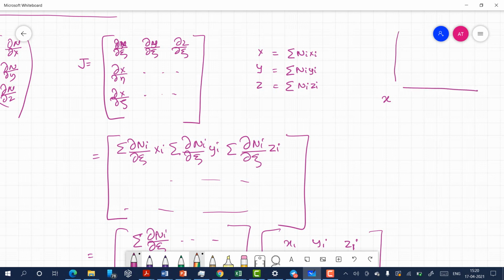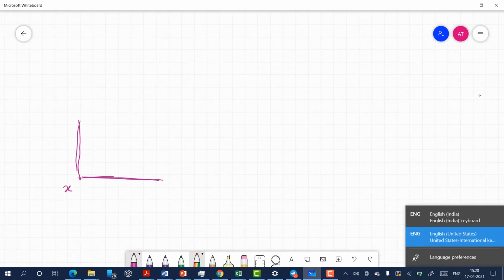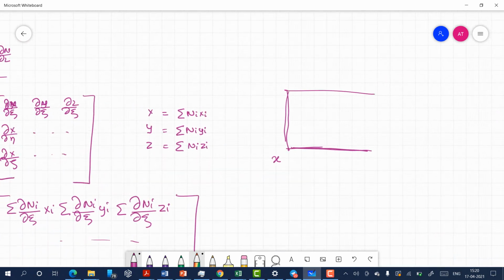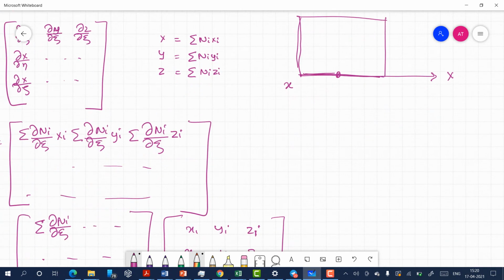So if I have a 2-dimensional element, for example, and I'm looking at x coordinate, so any value of x coordinate I can write as n1 x1 plus n2 x2, right?